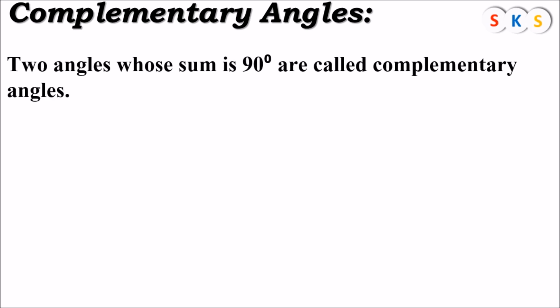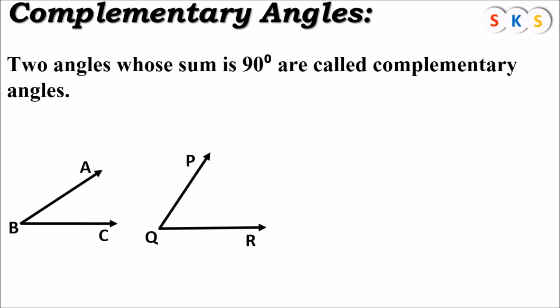What are complementary angles? Two angles whose sum is 90 degrees are called complementary angles. Now we will try to understand complementary angles with the help of a figure. Look here, there are two angles, angle ABC and angle PQR.